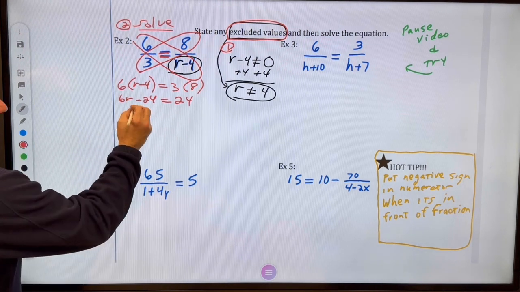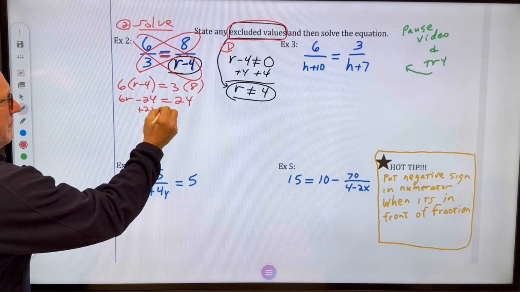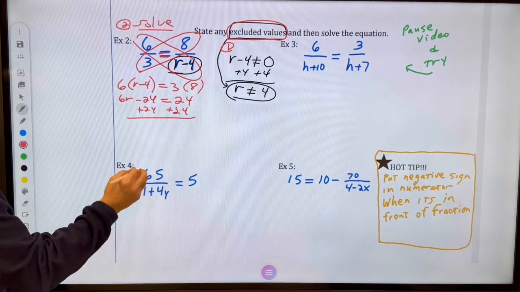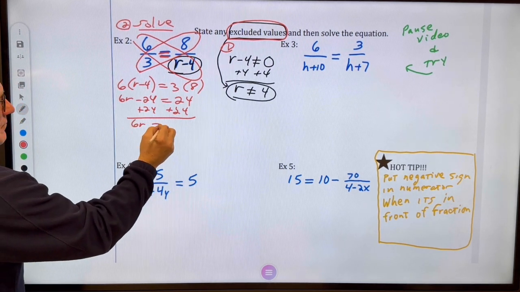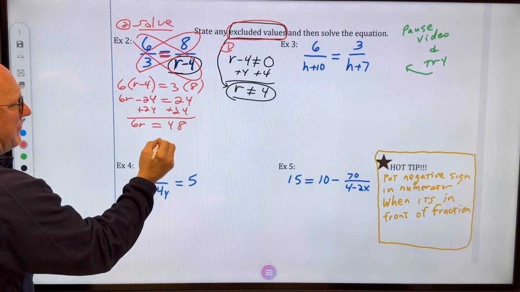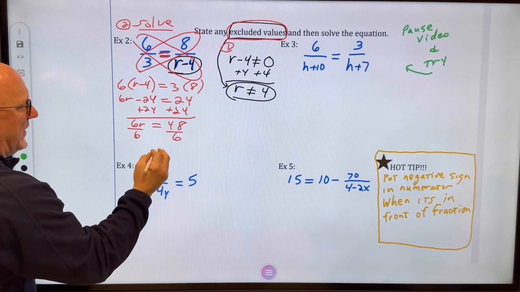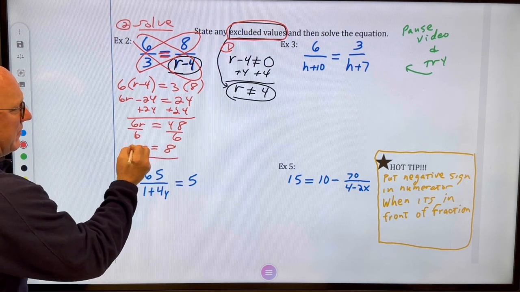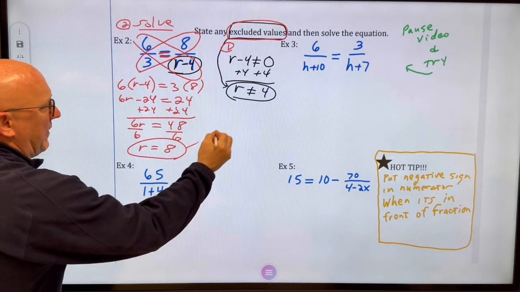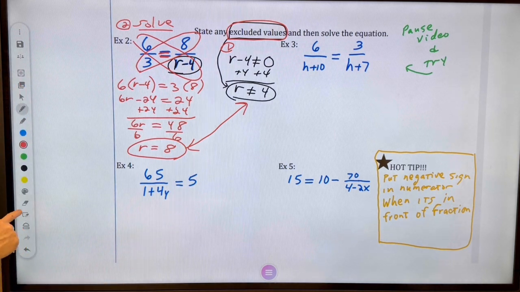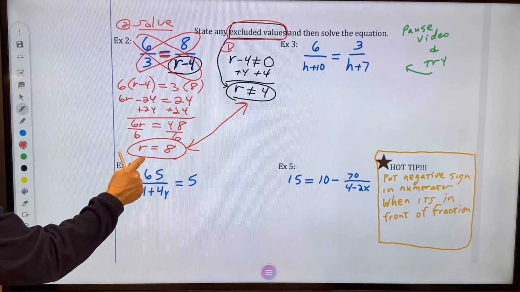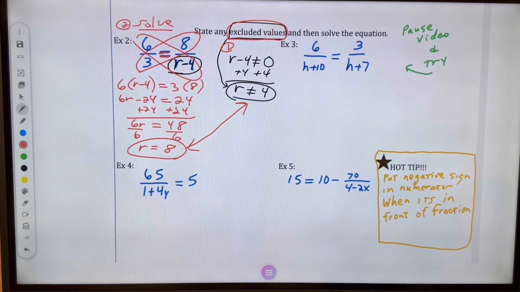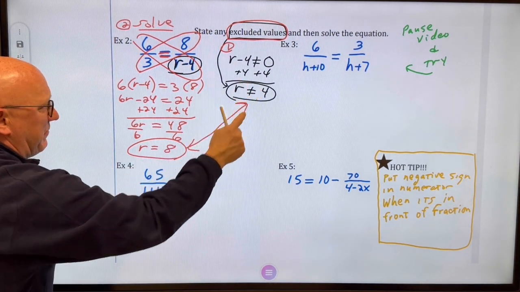And we just do our regular math. 48 divided by 6. If I go too fast, just pause the video, and this becomes an 8. Double check to make sure, but our two solutions are r is 8 and r cannot equal 4. You have to be able to designate what r is and what r can't be.